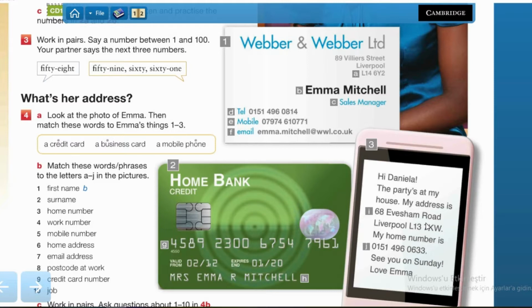We have her work address, mobile number, email address, and her job. So her home number is on number 3. Look at I. Her home address is 68 Evesham Road, Liverpool. That's it.